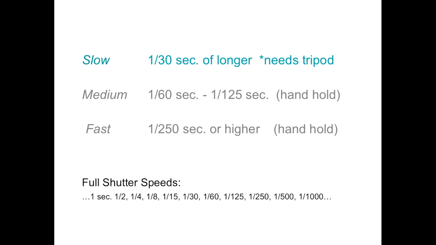Slow shutter speeds are usually something less than a 60th of a second. If you have a DSLR camera, less than a 60th of a second, you probably will not be able to hand hold and have those images show up sharp without showing some camera movement.